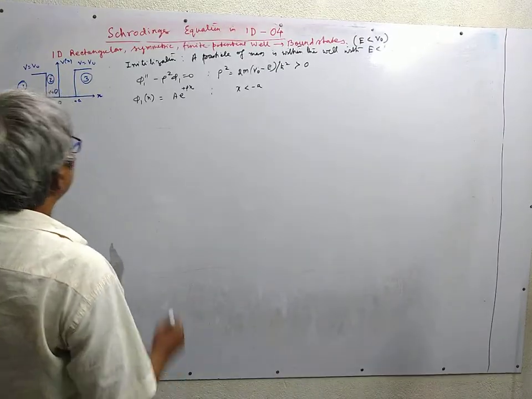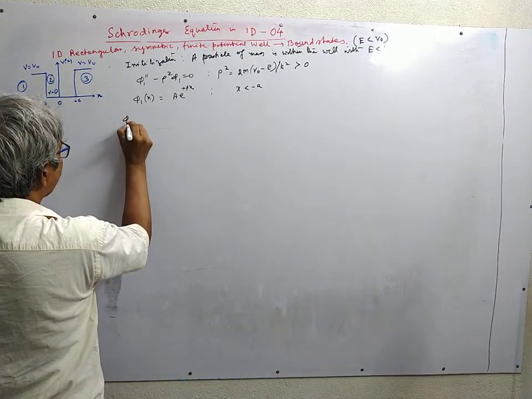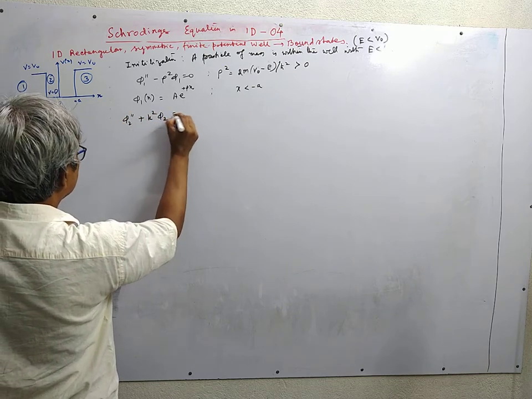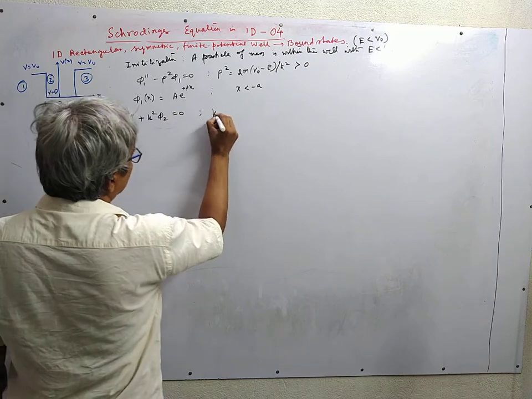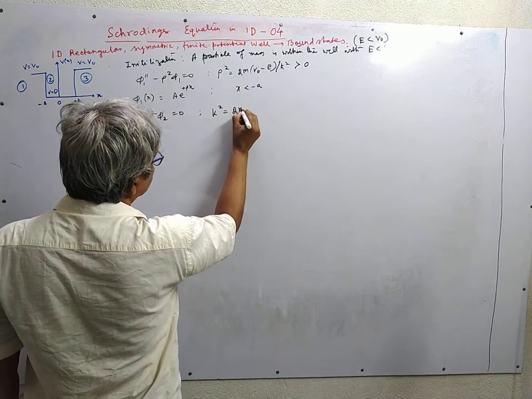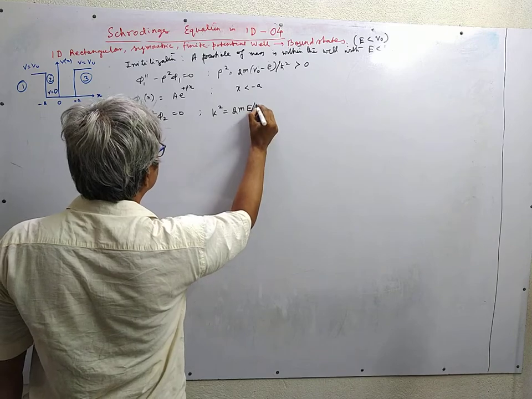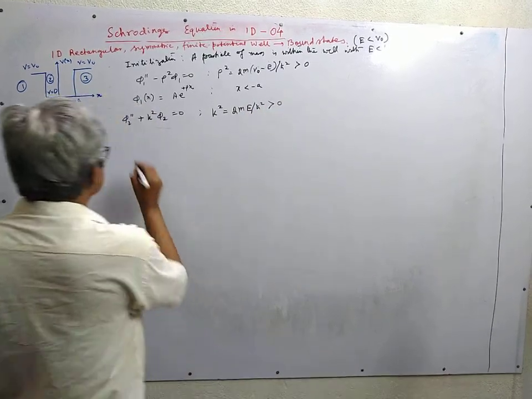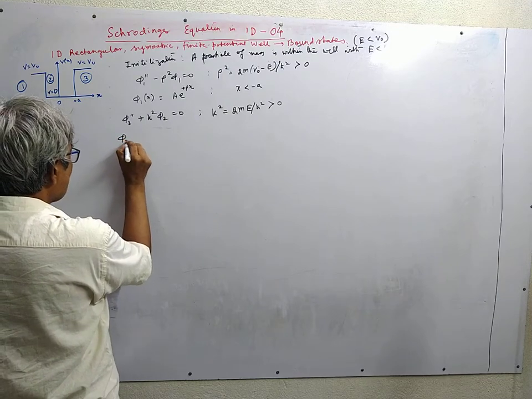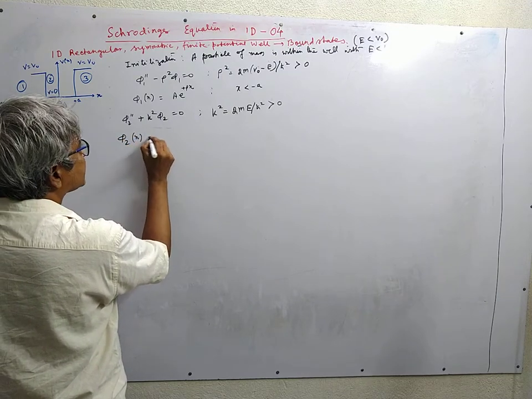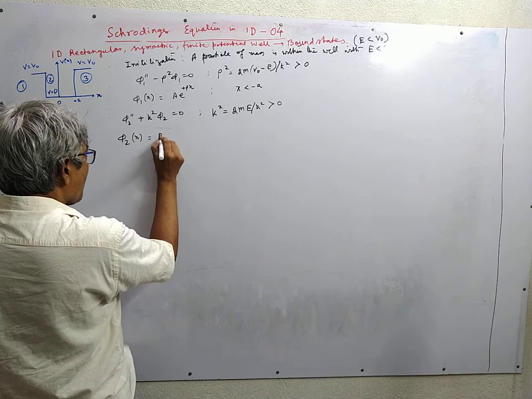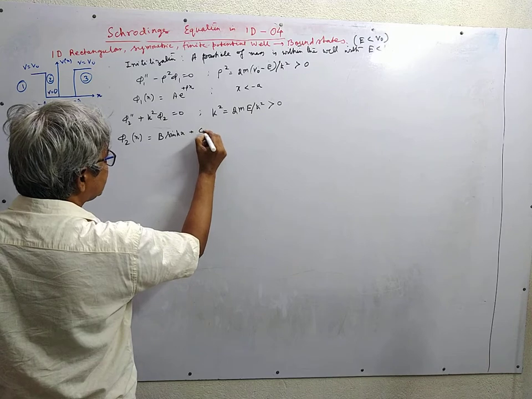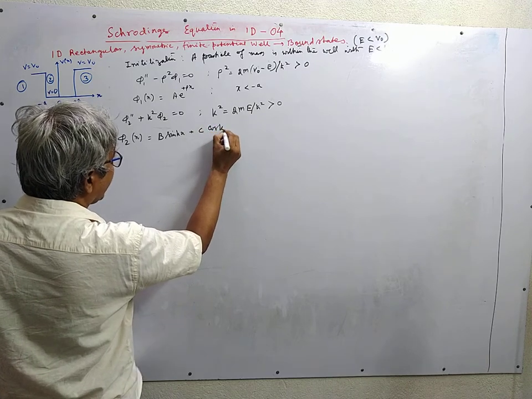In region 2, the wave equation is phi 2 double prime plus k square phi 2 is equal to 0, where k square is equal to twice m E by h bar square, and it is again a positive quantity. The solution is phi 2 of x equal to B sin kx plus C cos kx.